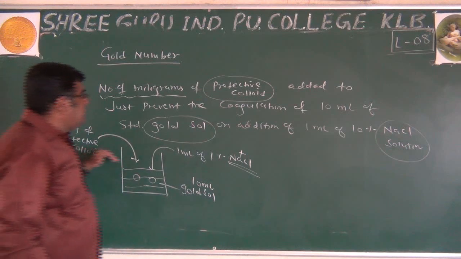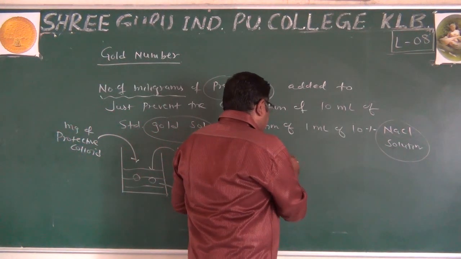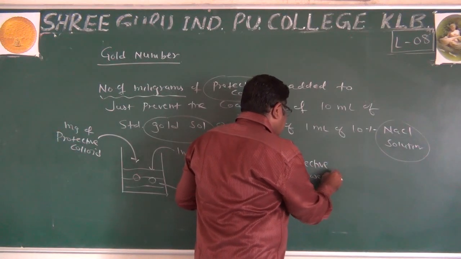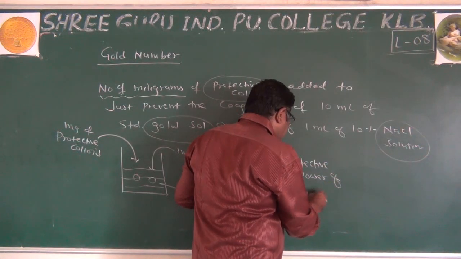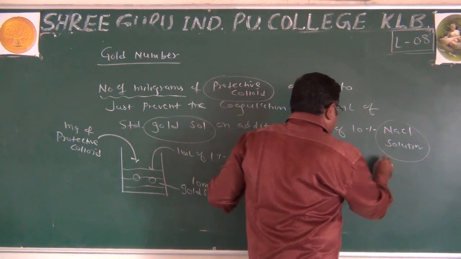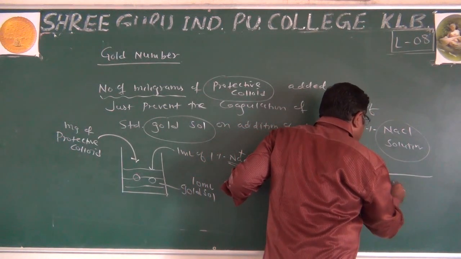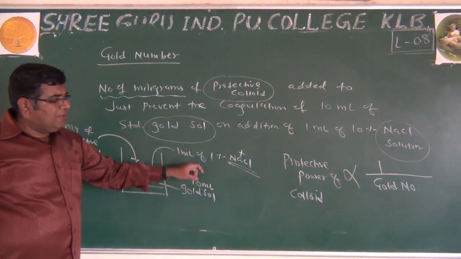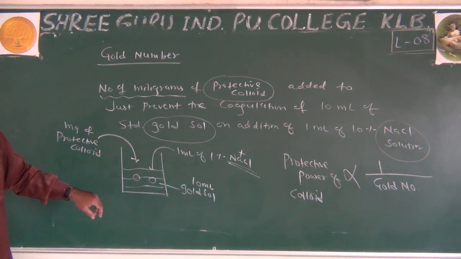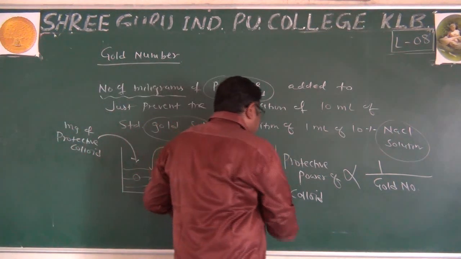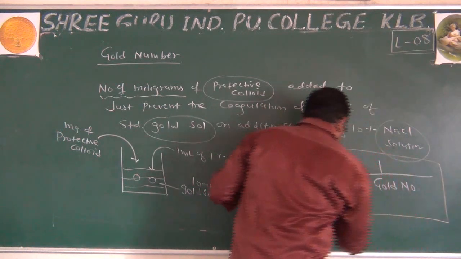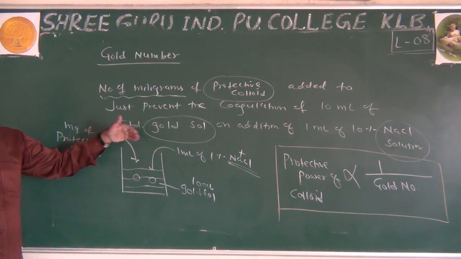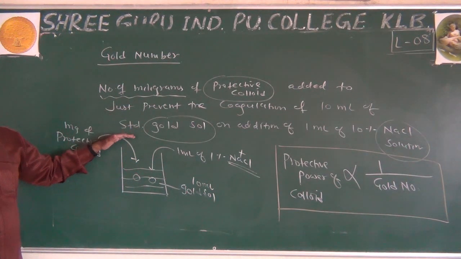So we can say that the protective power of a colloid is inversely proportional to the gold number. This is the relation we have. If protective power is greater, gold number is smaller. If gold number is greater, protective power is less.